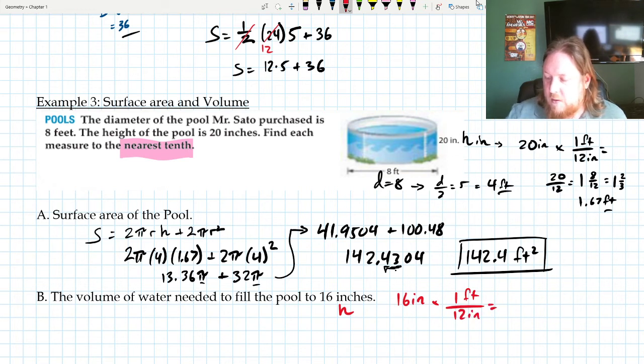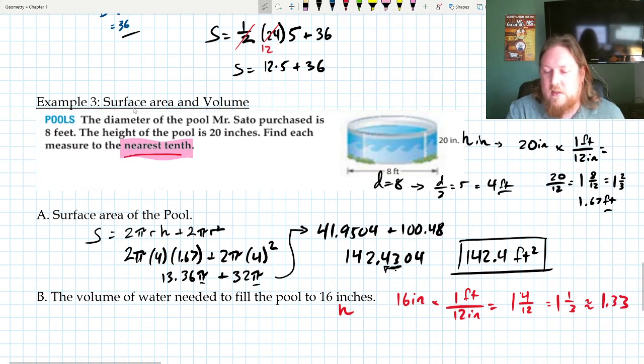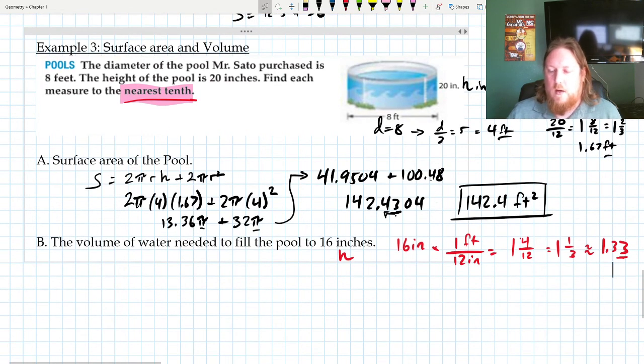And that would be 1 with 4 left over for 12, or 1 1/3, which is approximately 1.33. Since I'm rounding to the nearest tenth on these problems, my approximations for the fractions, I'm taking them to the hundredth. One extra unit on it while I'm working, so then when I get to the final answer, I have something to round. All right.